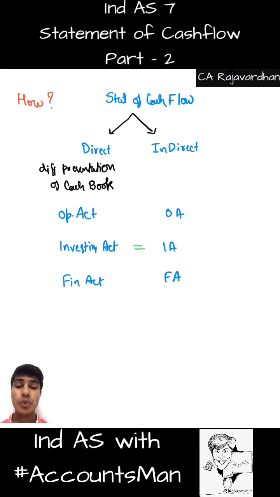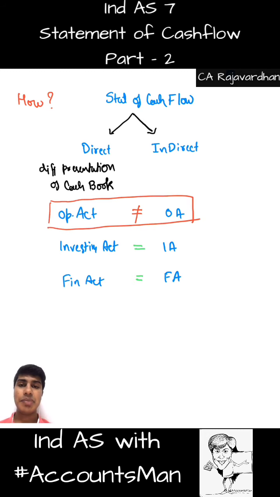The way we compute cash flow from financing activities under the direct method and indirect method is the same. So the only point of difference is with respect to operating activity. The way we compute operating activities cash flow under the direct method and under the indirect method is different. So if we understand only this part, then the rest two will be simple. Rest two will be the same.